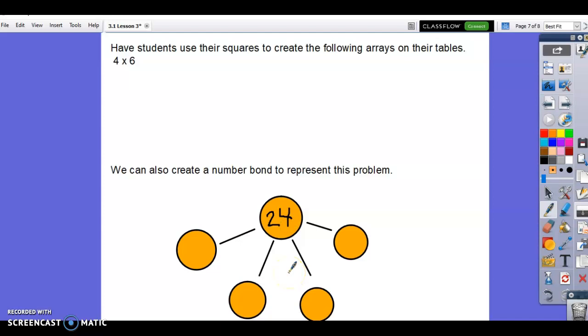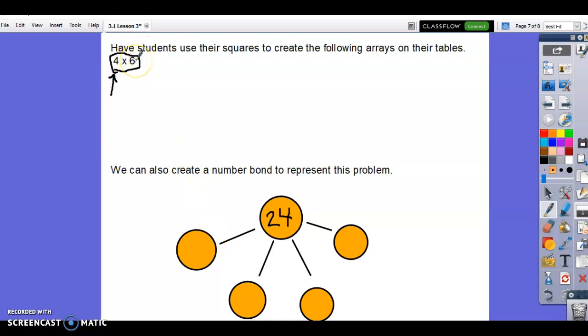I want you to think for a second, where do you see 4 or 6? How could that be represented in this number bond? I'll give you a second for private think time. Oh, good. I was hoping that you would say that. There are 4 circles. So that represents the 4. That's the number of equal groups.